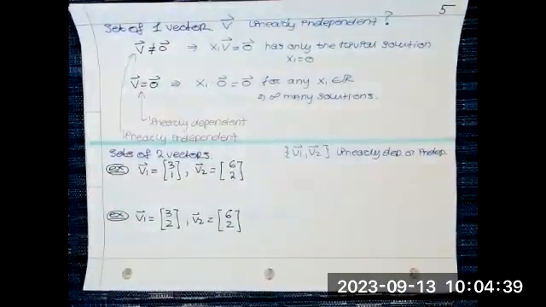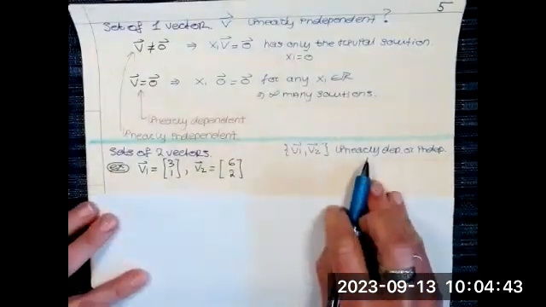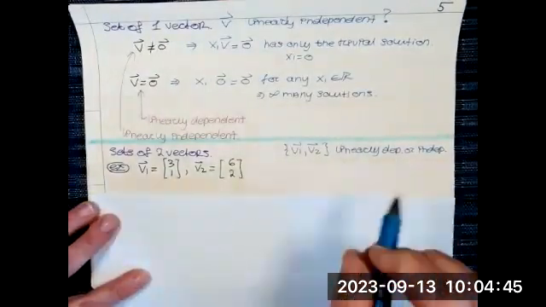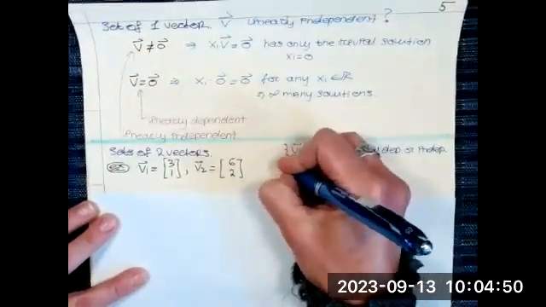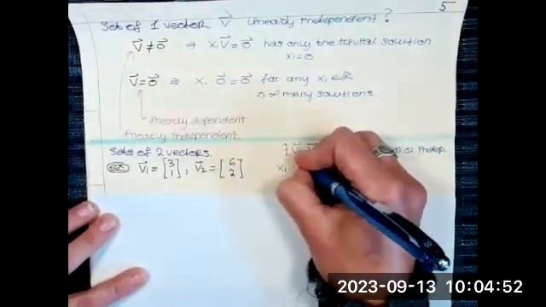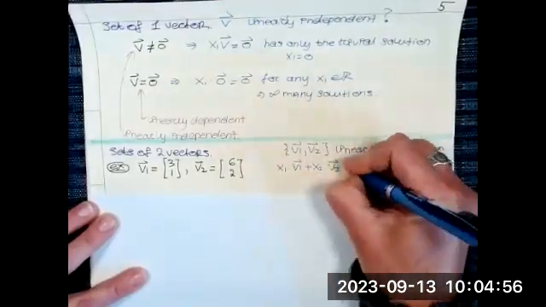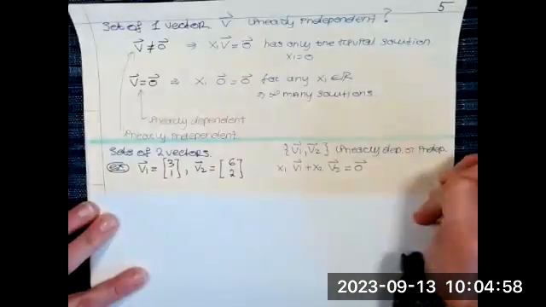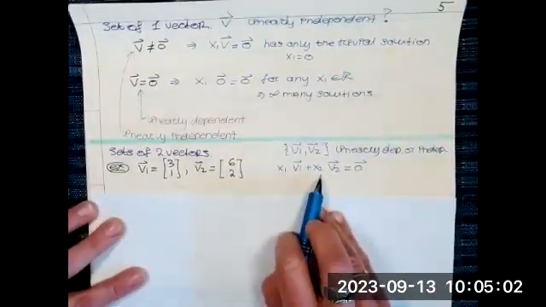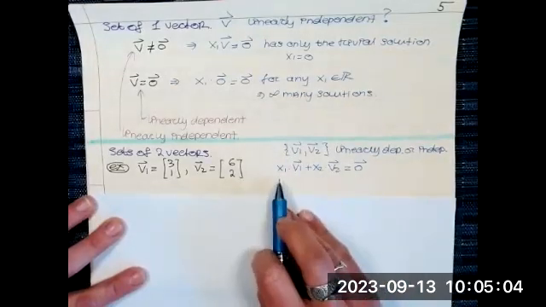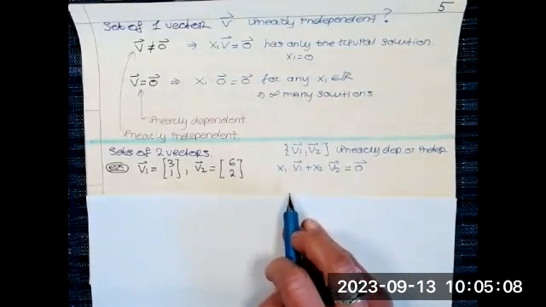Again, go to your definition. What does it mean for two vectors to be linearly dependent or independent? That would mean that if I take a linear combination, x1 times v1 plus x2 times v2, and set this equal to the 0 vector, if I can find x1 and x2 not all 0 such that this is true, then my set will be linearly dependent.